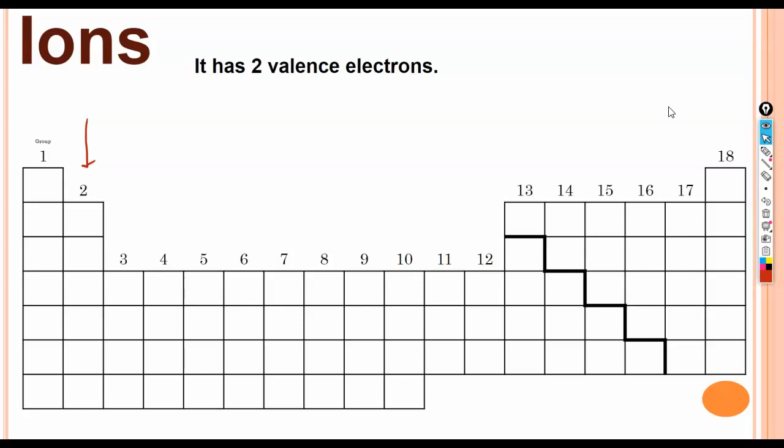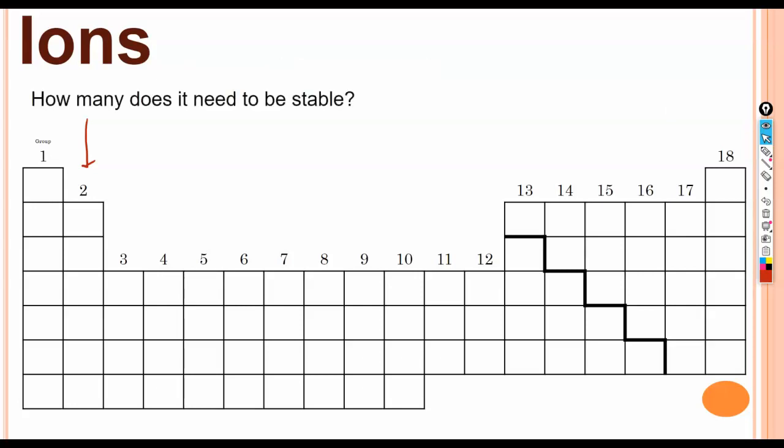That doesn't mean they have only 2 electrons, it just means they have 2 electrons in the outermost shell. Now, how many electrons does it need to be stable? By stable I mean a filled shell. Well, now there's 2 possibilities. Calcium has 2 valence electrons, and a filled shell normally has 8 valence electrons.